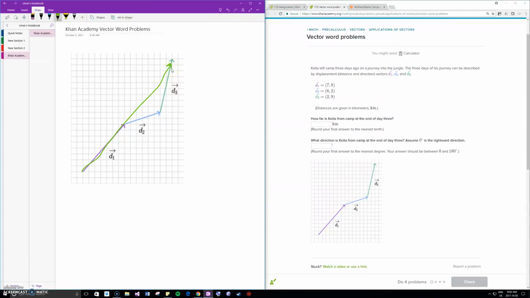I probably should have used a different color, so I'll use black. So we're trying to figure out this vector right here. It's kind of like a straight line. There we go. So this is called the resultant vector. I'll use an R for this.